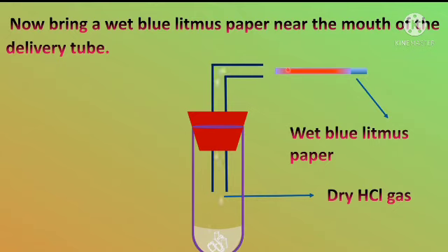So this activity shows that acids produce H plus ions only in aqueous solutions. Those H plus ions turn blue litmus paper to red litmus.